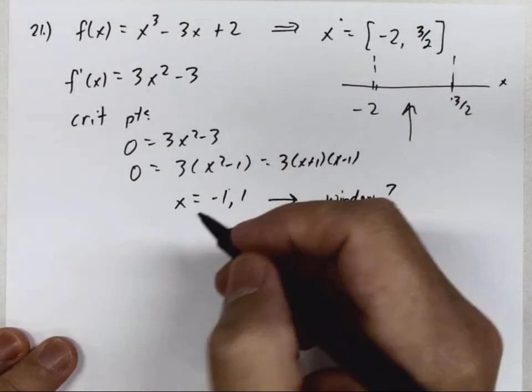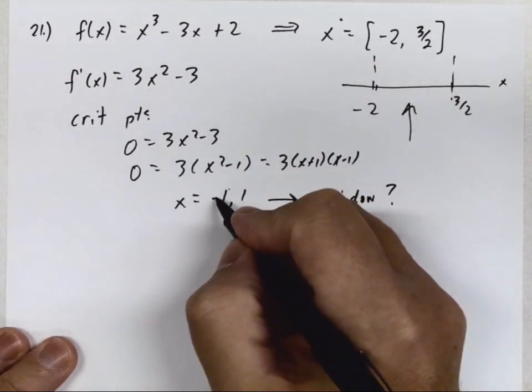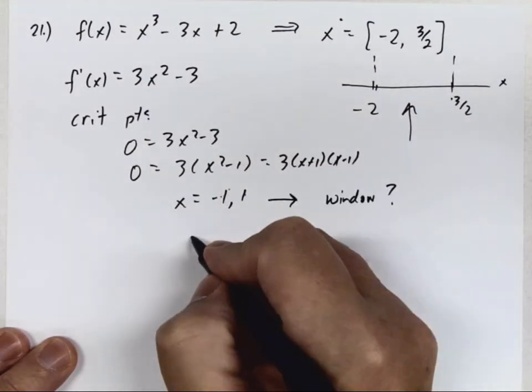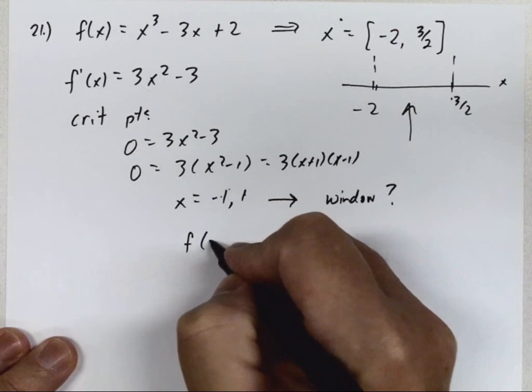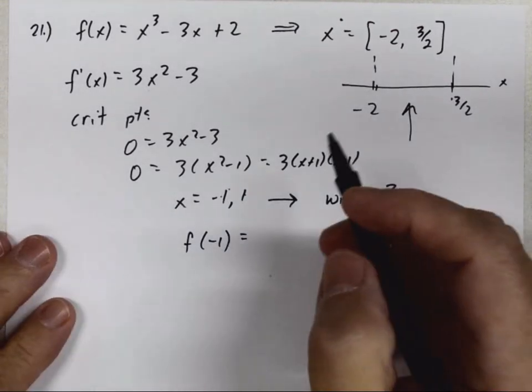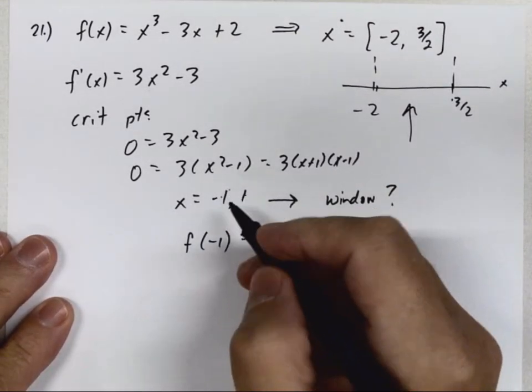We are now going to simply take both of these values of x and plug them into the original function to see what the value of the function is. Because we're looking for the absolute maximum of the function, the largest value, and the minimum, the smallest value of the function. We know it has to be either at these 2 points.